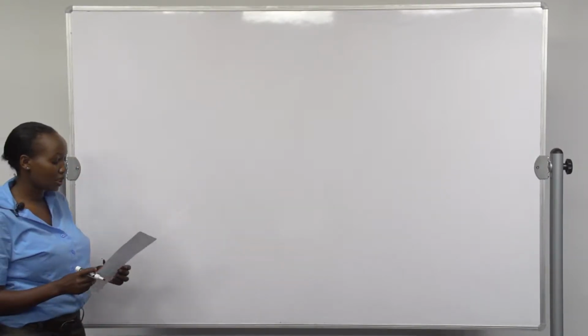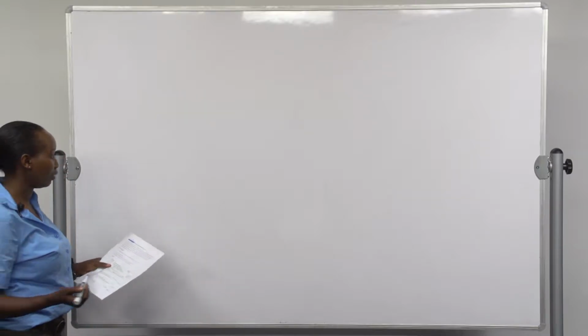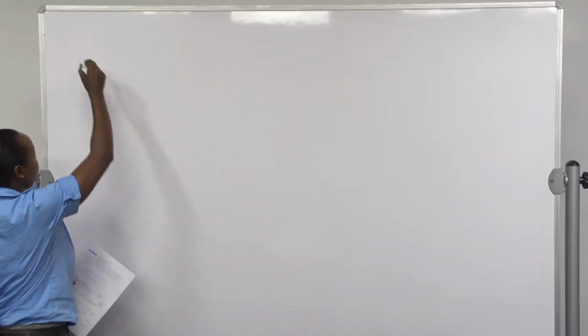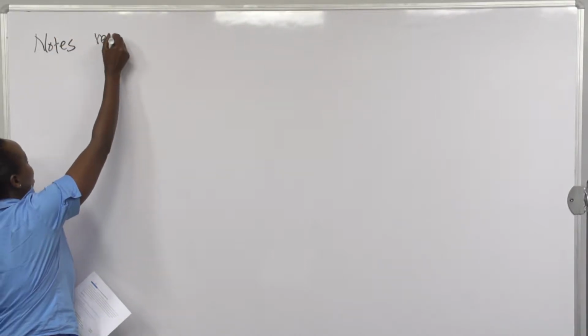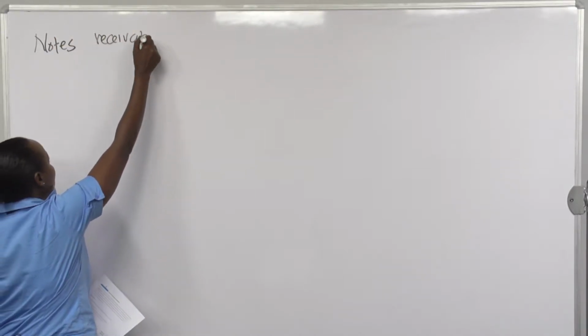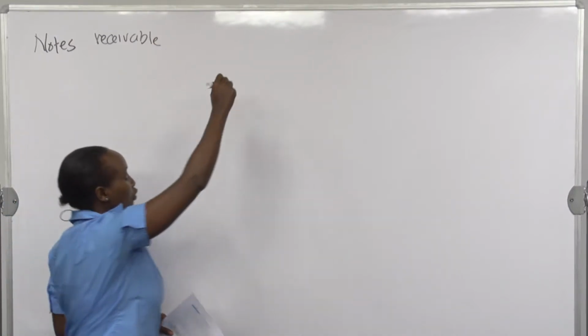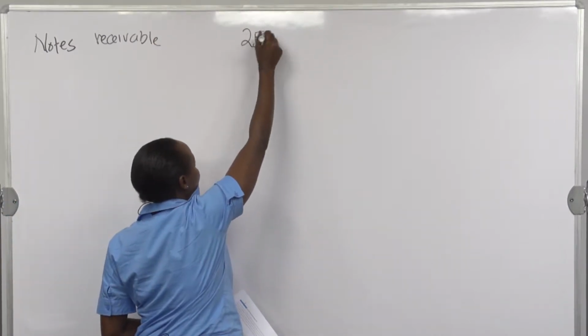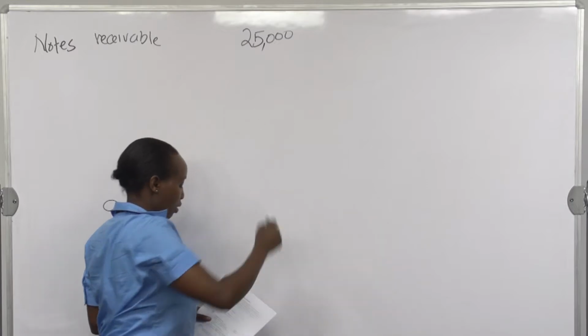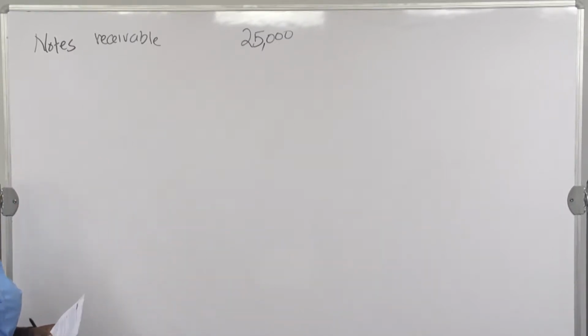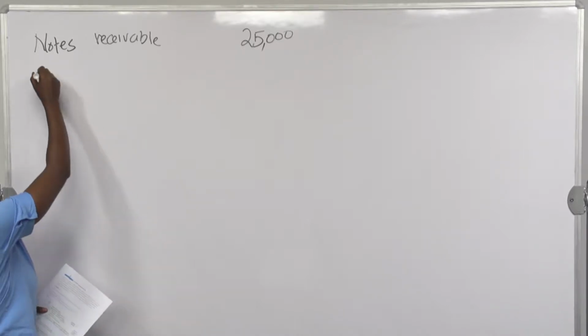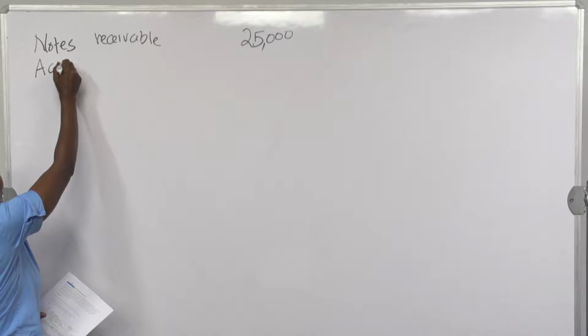First, from this sale, we got a notes receivable of $25,000. We have accumulated depreciation on our balance sheet, and we need to remove that.